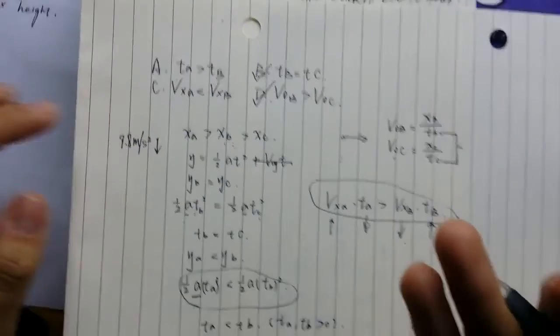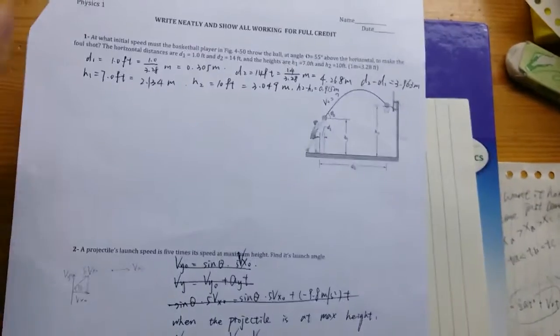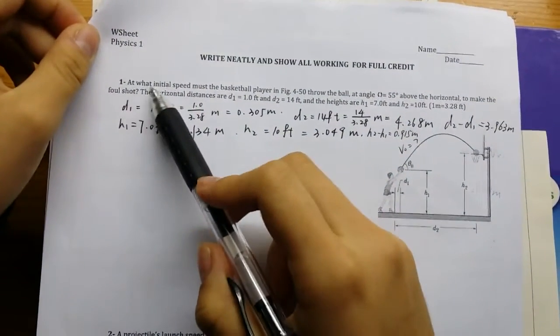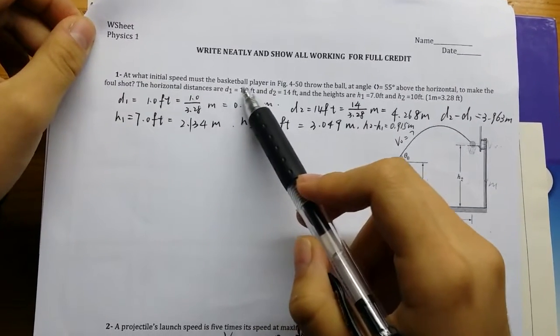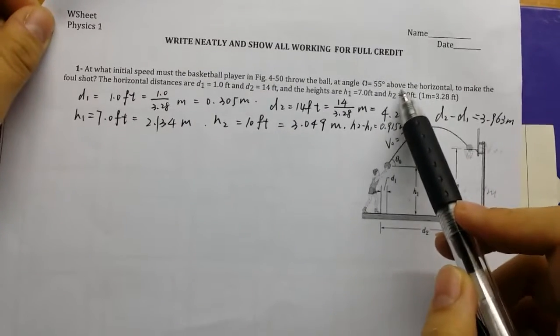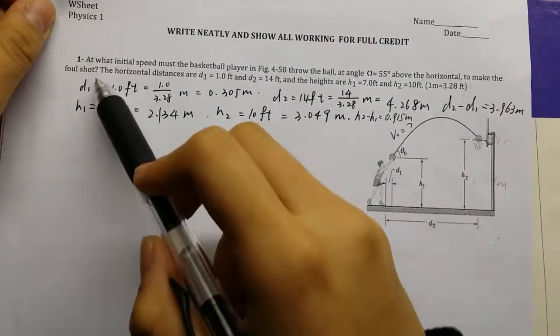So next, we will come to our second question. At what initial speed must the basketball player in this diagram throw the ball at an angle of 55 degrees above the horizontal to make the foul shot?